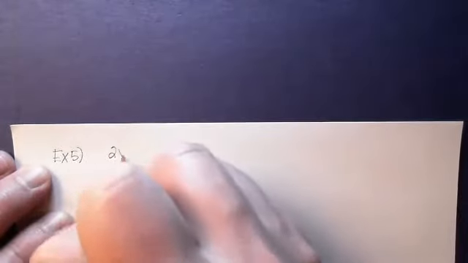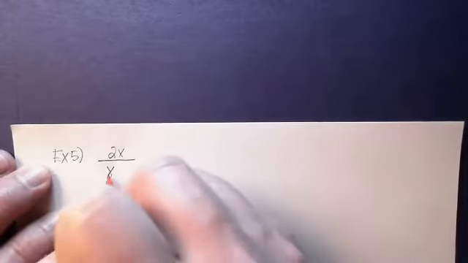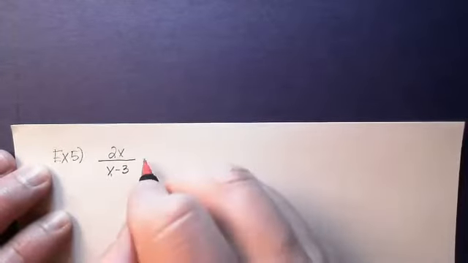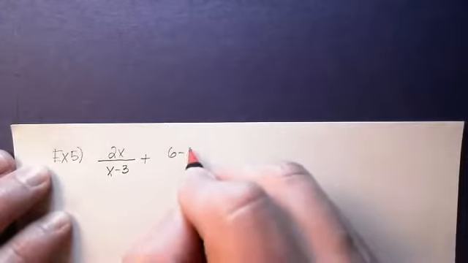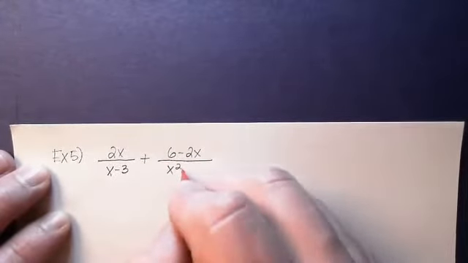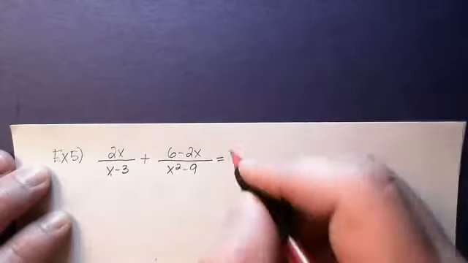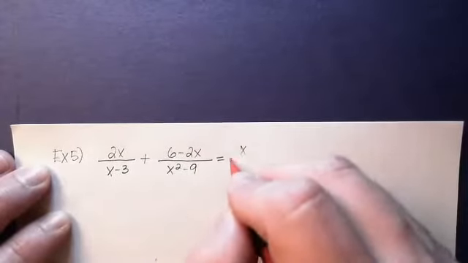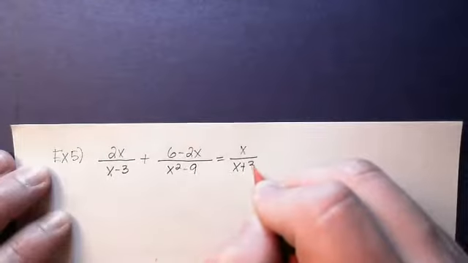Alright, here we go. Example number 5 is going to be 2x over x minus 3 plus 6 minus 2x over x squared minus 9 equals x over x plus 3.